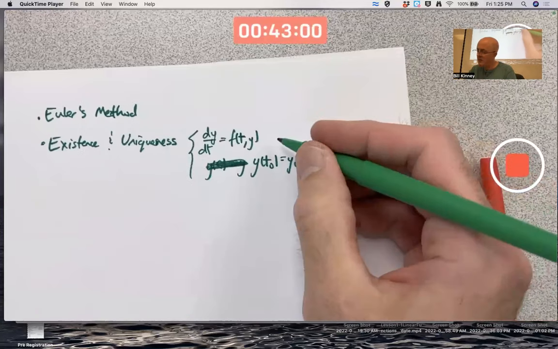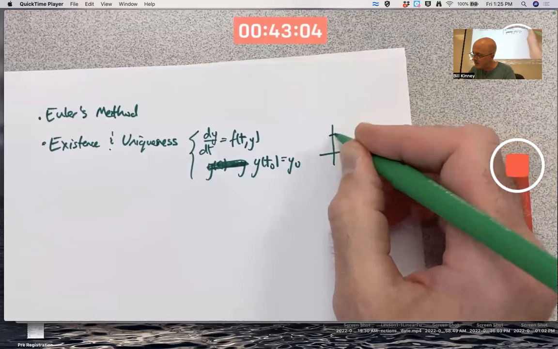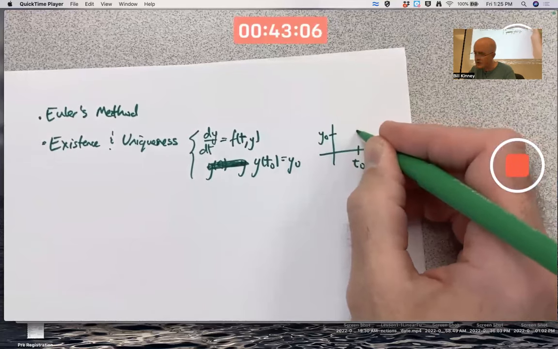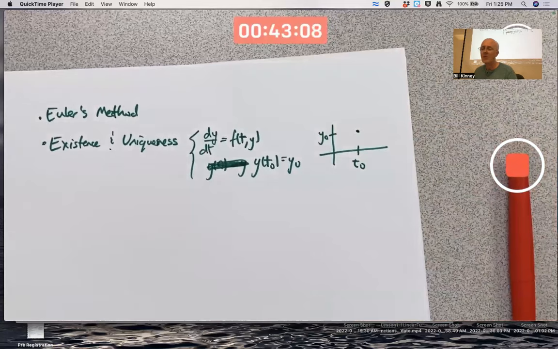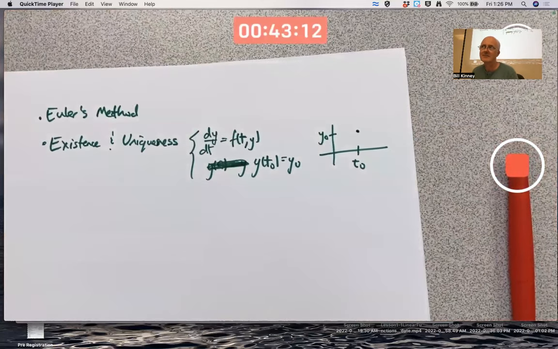If this f of t, y is nice near the point with coordinates t0, y0, where t0 is usually 0. What does nice mean? Continuous.